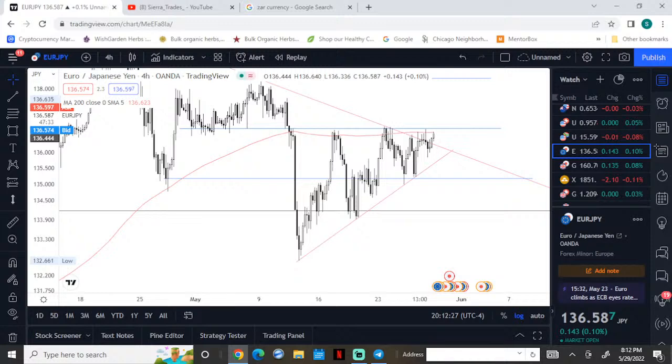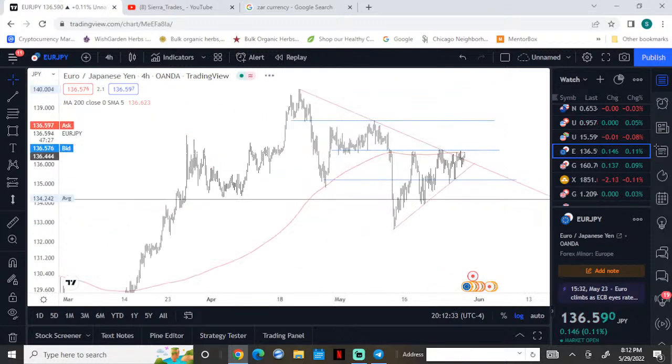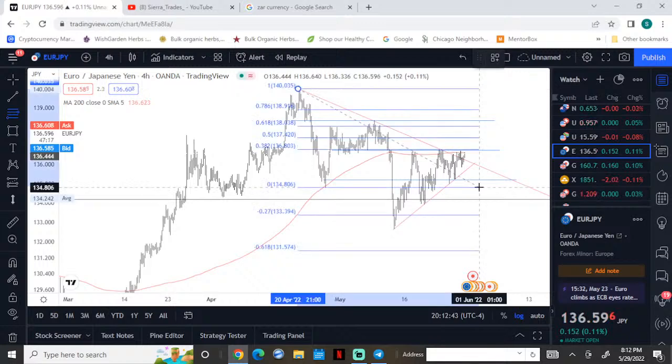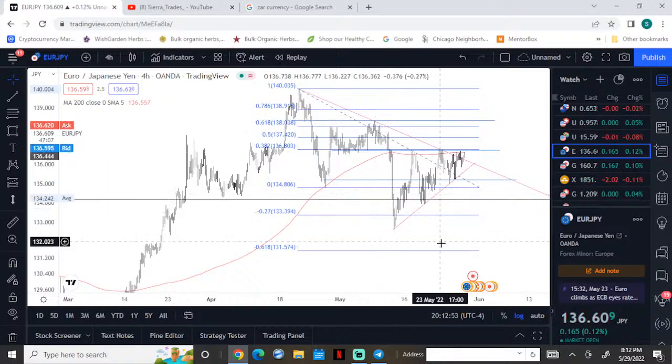Now, that fib that I had, let's see. We got a 4 hour fib. We got a high. We got an A, a B, a C. Came to that 618, dropped, gave TP1, TP2, never came down to TP3.